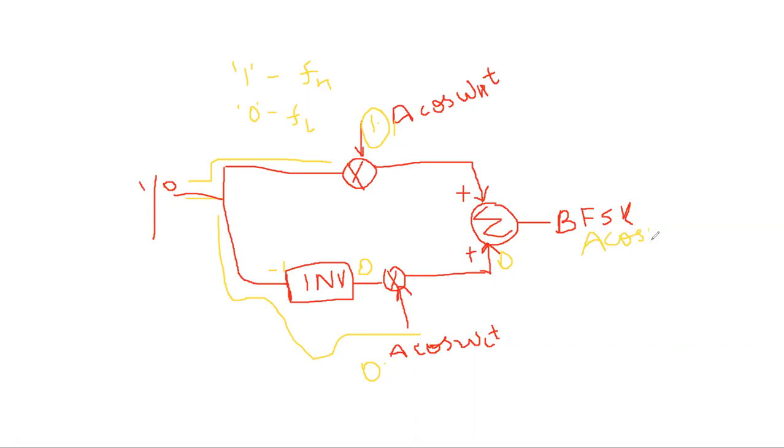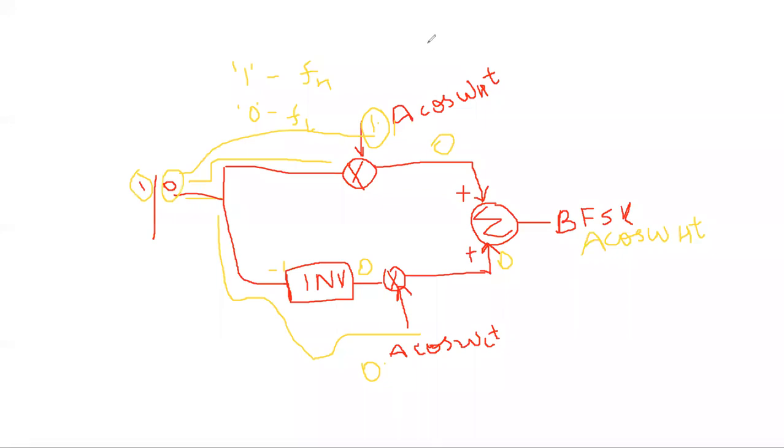So this is a conceptual transmitter block diagram of BFSK. What we get at the output is a carrier with higher frequency when the input is logic 1. When the input is logic 0, we say it is 0 volt, so it is multiplied with the upper branch and the output of the upper branch will be 0.